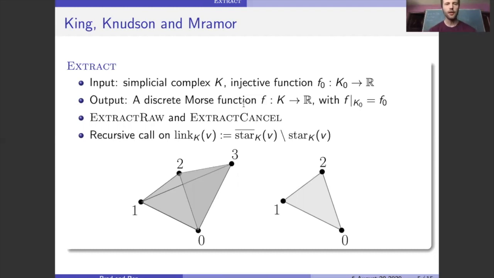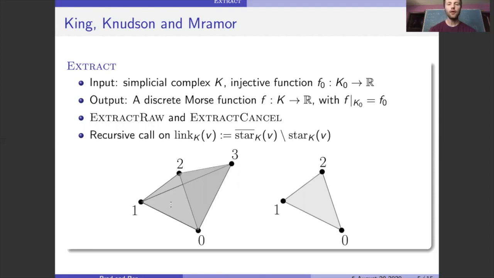So this is a very cool algorithm, but for high dimensional simplices, this can be slow. There's a recursive call on the lower link of each vertex here. The link of a vertex is the closed star minus the open star. And the lower link is the things in the link that have function value less than or equal to the function value of the vertex.